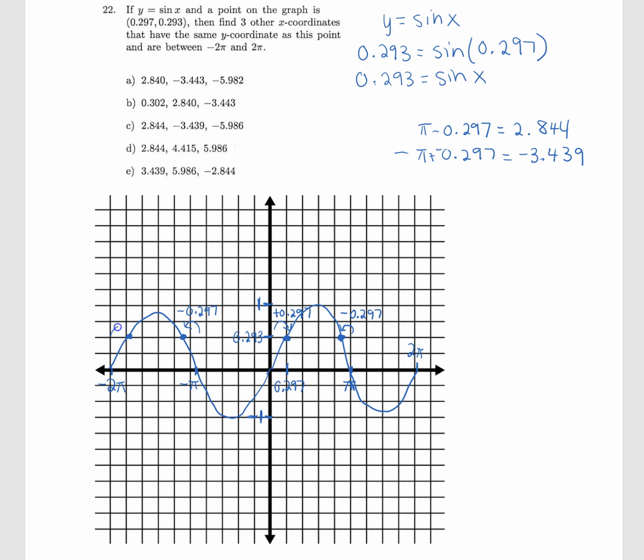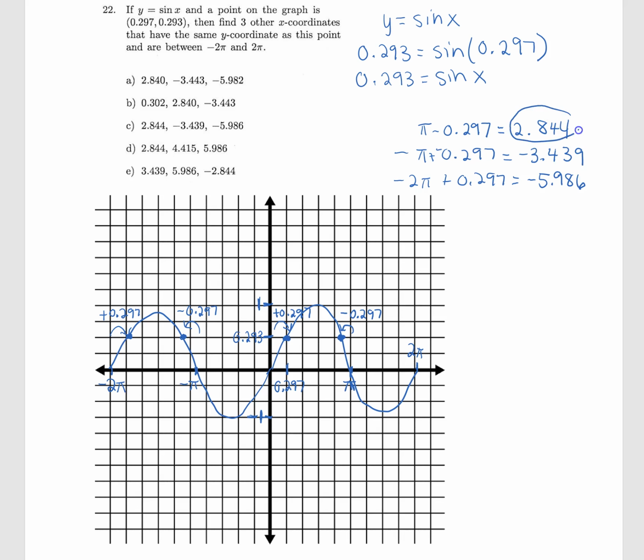And here we've gone up from -2 pi, so we're adding 0.297. In this case, -2 pi plus 0.297 gives you -5.986.